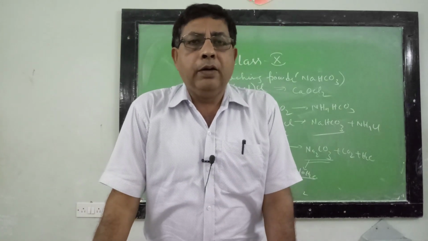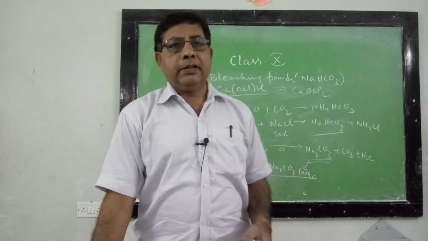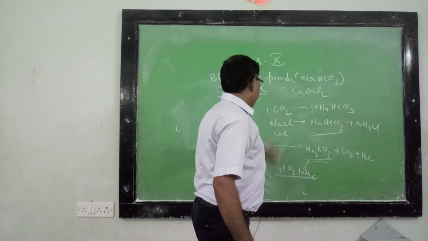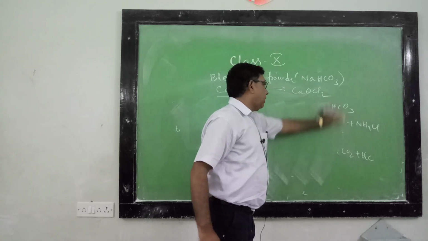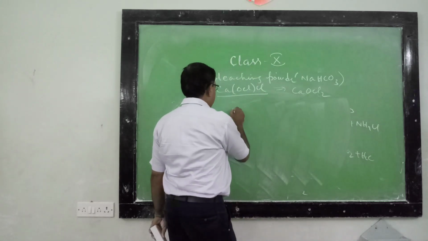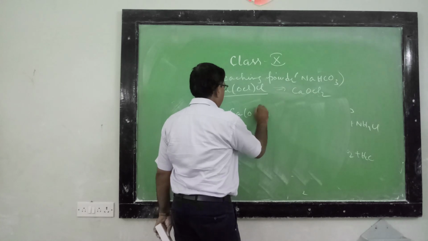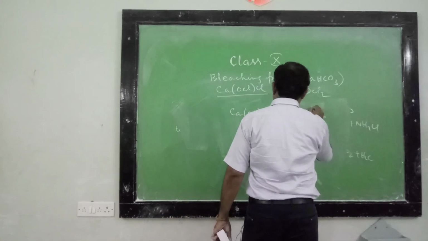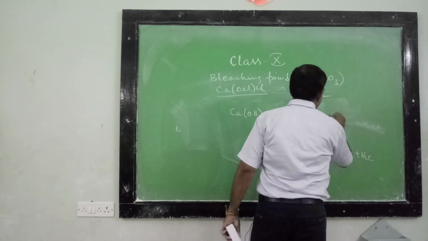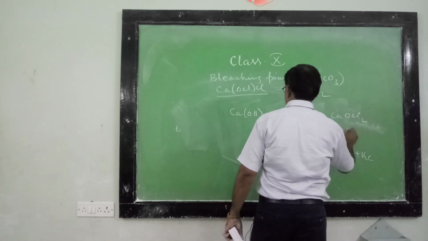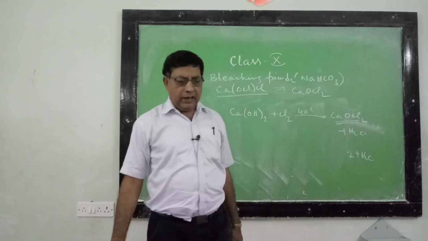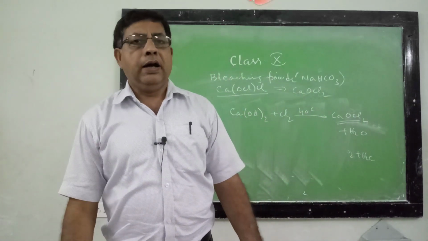How will you prepare bleaching powder? On the large scale, bleaching powder is prepared by heating calcium hydroxide, Ca(OH)2, with chlorine at 40 degrees centigrade, which forms CaOCl2 plus water. This is the bleaching powder. The calcium hydroxide must be dry.